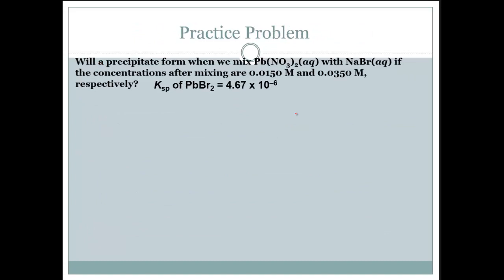So let's do an example of this. Will a precipitate form when we mix PbNO3 with NaBr if the concentrations after mixing are 0.0150 and 0.0350 respectively? First thing you need to do is figure out the chemical equation.